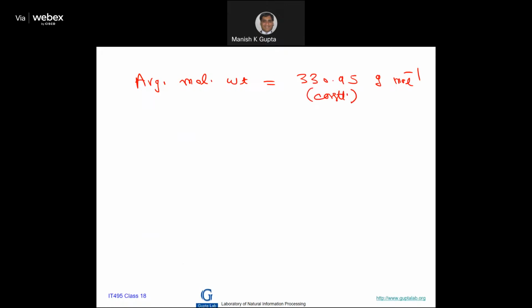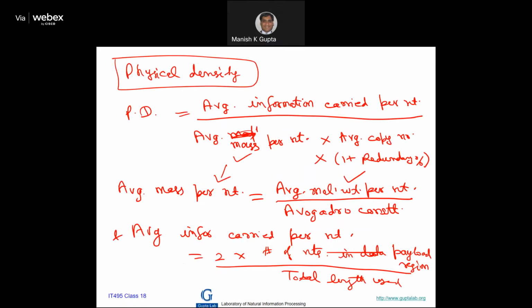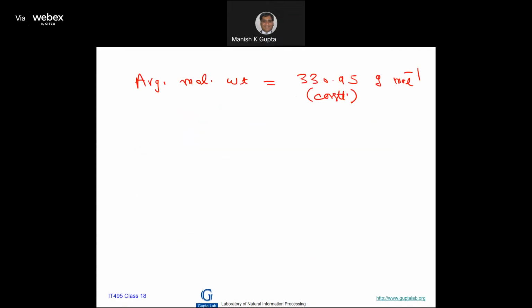Now you know this thing, the Avogadro constant is also fixed, right? So you have average mass per nucleotide. Then you can compute average information, put this value here, and compute physical density. Obviously you want to do some calculations. This is an interesting exercise, right? So I can give you that.